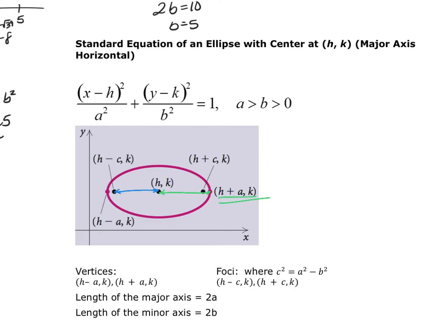And then to find my last piece, which is my minors, notice that line that I drew is parallel to the y-axis, which means I need to add and subtract my B from my K part. So my minors are going to be H, which doesn't change, K plus and minus B.